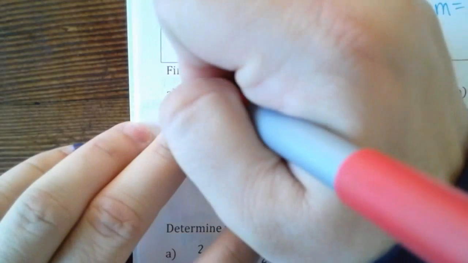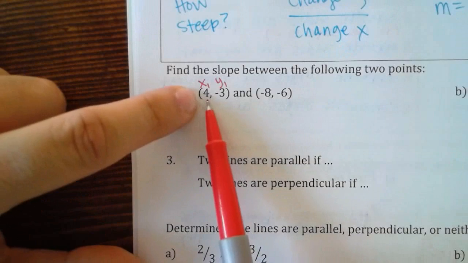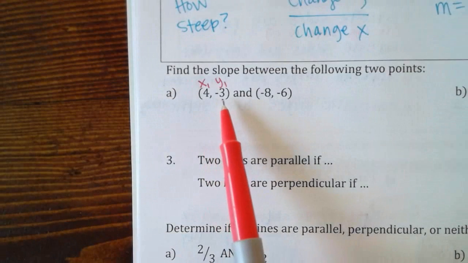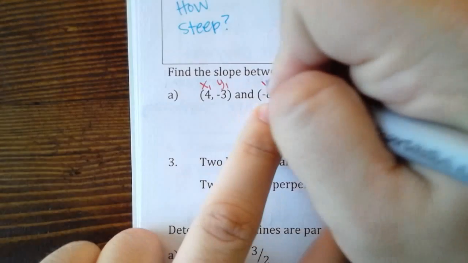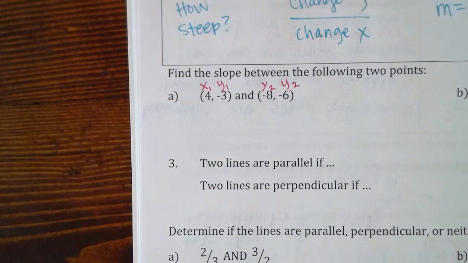So I'm going to label these x1, y1, because this is what that means. This is the x value of the first point and the y value of the first point. This is the x value of the second point, the y value of the second point.